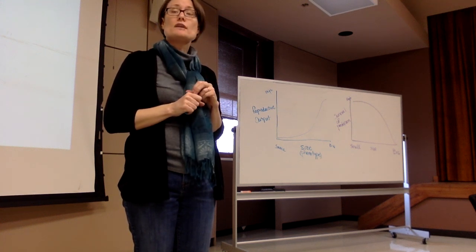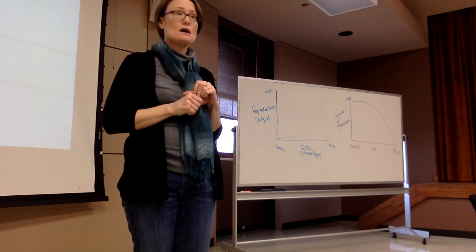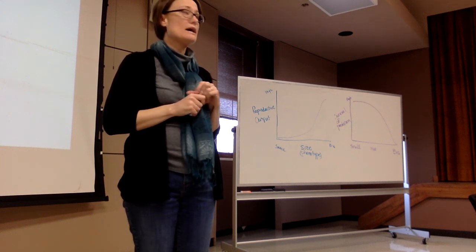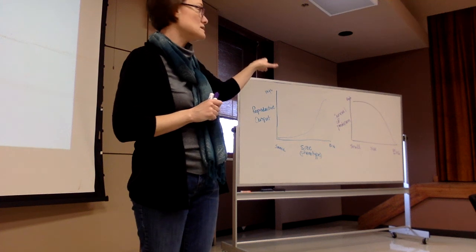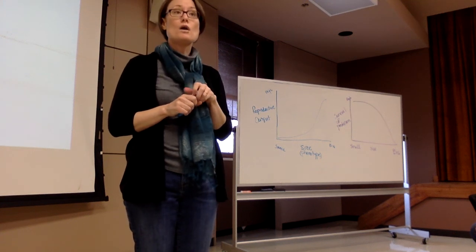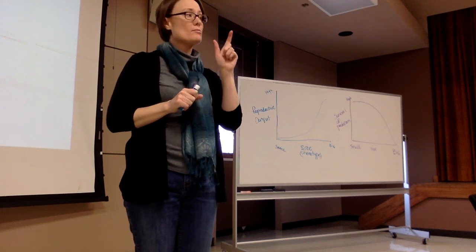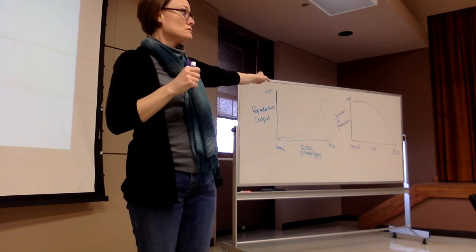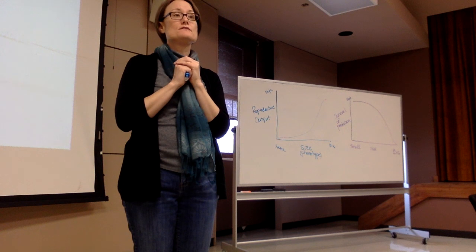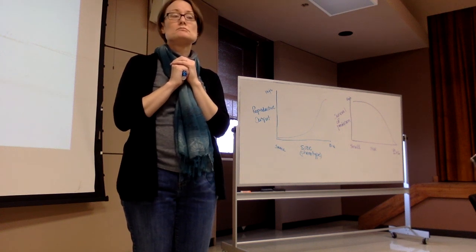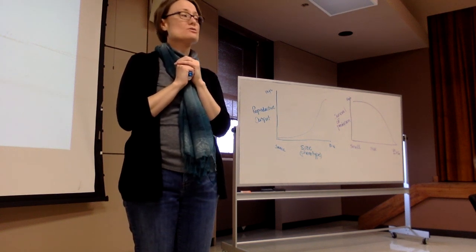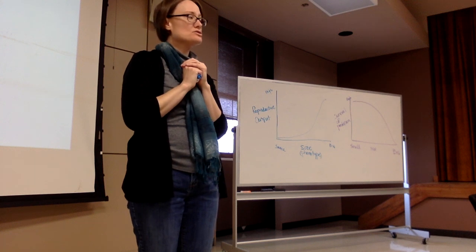Your homework for next time is to come up with your best way of indicating both of these fitness landscapes on one figure, so that you could tell me, if you were this fish, what would be your highest fitness option? What would be your strategy? How big should you get?